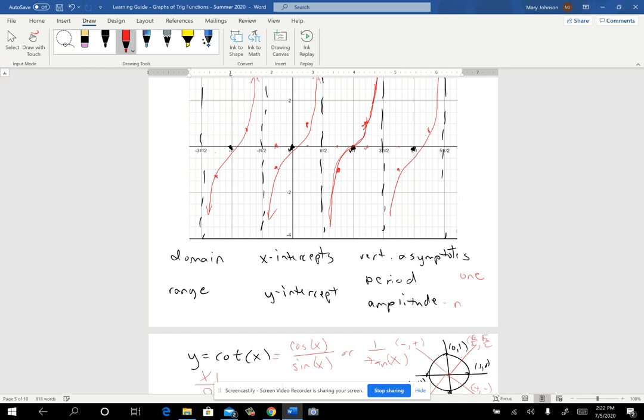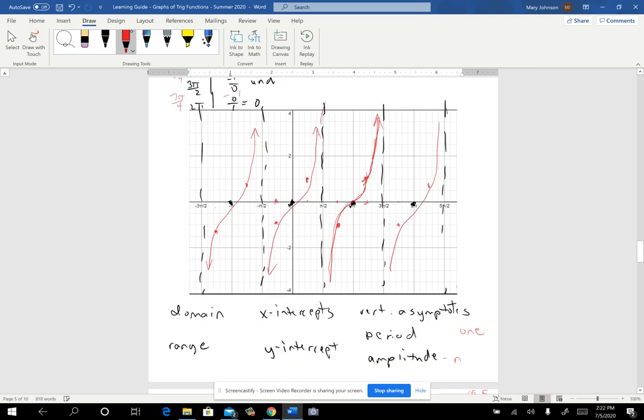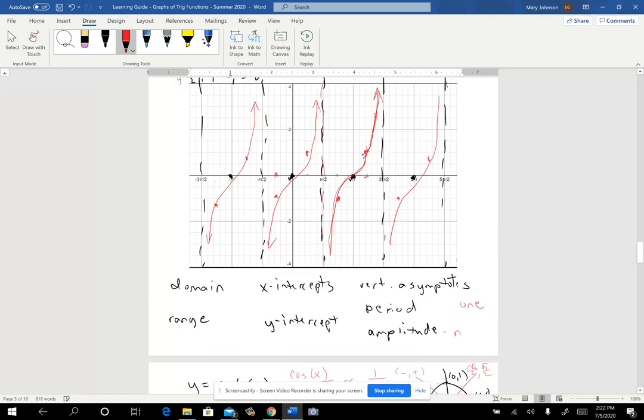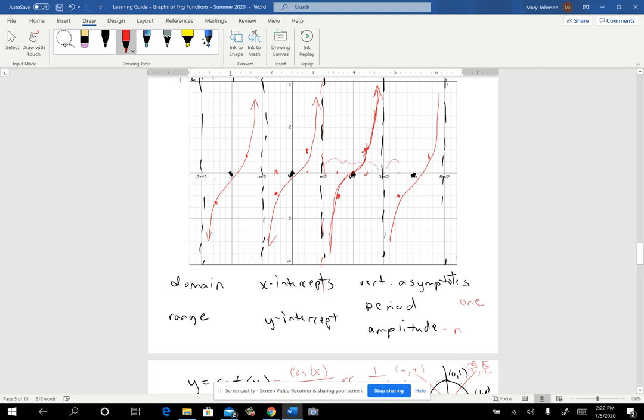And what you need to state is when those vertical asymptotes happen. See how here you have one at pi over 2, and then for every pi after that, you have another one? So your domain would be all x's except at pi over 2 plus or minus a multiple of pi.